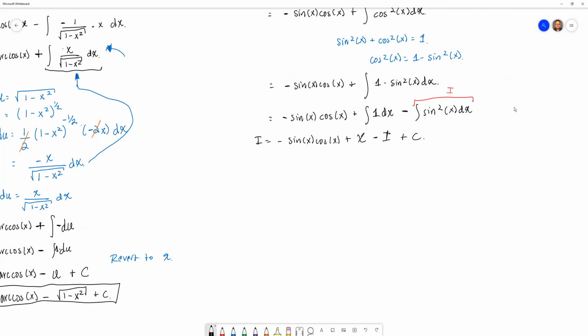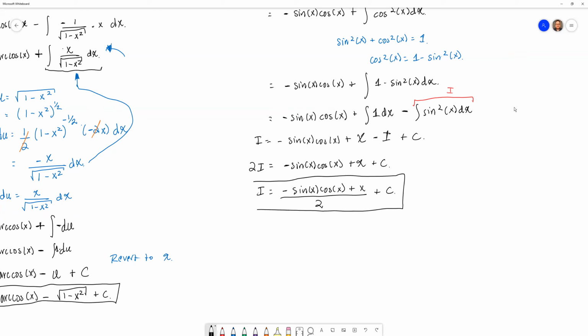We combine the I's. So 2I is equal to minus sine x cos x plus x plus c. And then we get I is equal to minus sine x cos x plus x over 2 plus c. And that is our final answer here.